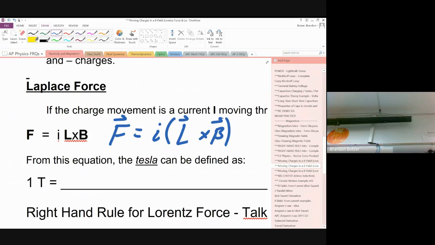Currents are just some value quantity. Lengths, though, can have a vector, and in order to get a cross product, we can only take the cross product of two vector quantities. Okay, so we have to write it like this. The length vector is in the direction of the current, but it is the actual length that we are taking that vector of. And we'll see that whenever we get into some of these examples here.